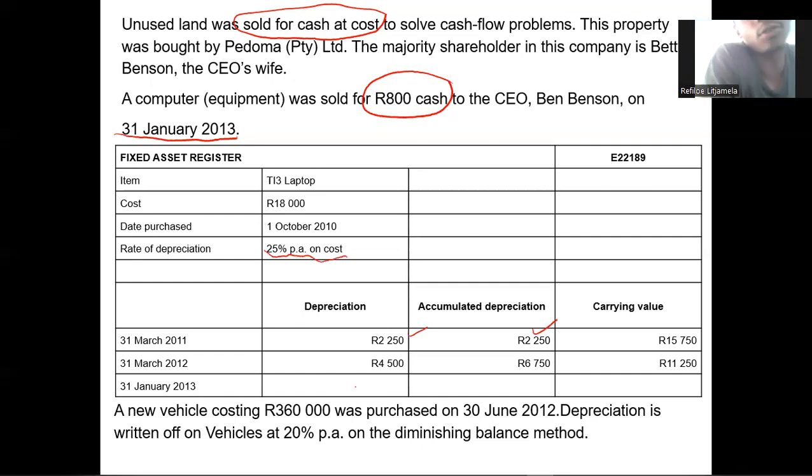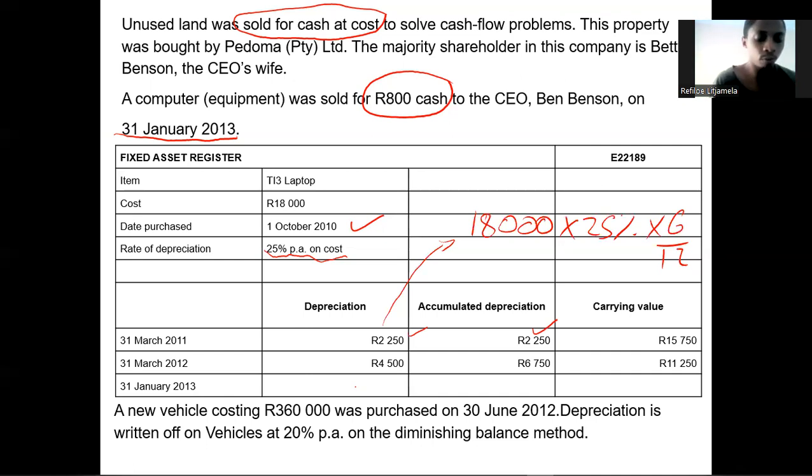Please note that the first year is the year in which the equipment was purchased. That equipment was used from the 1st of October. Let me just count: October, November, December, January, February, March. It was used for 6 months. So to get this 2,250, they simply took 18,000, multiplied it by 25%, and then multiplied it by 6 over 12.